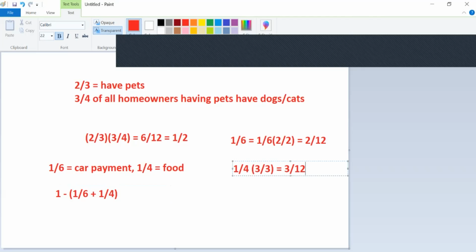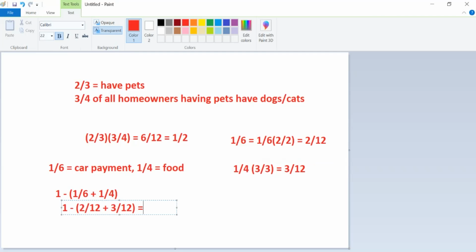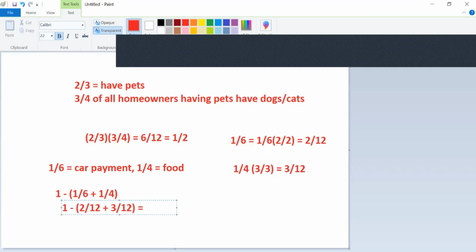So now it becomes easy. Now it becomes 1 minus 2/12 plus 3/12. Now I can add the 2 and 3 together, and I get 1 minus 5/12.